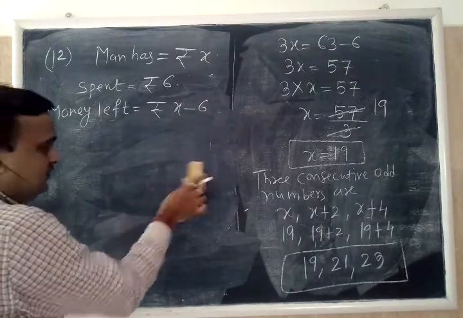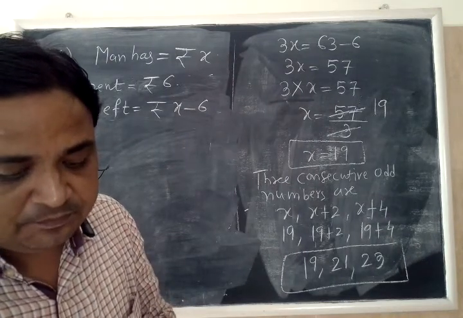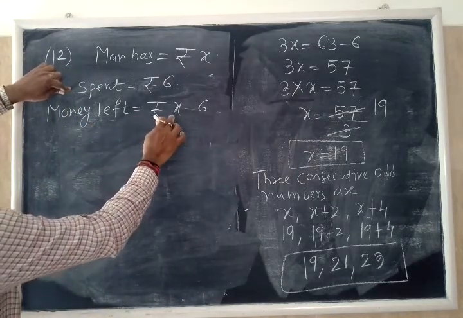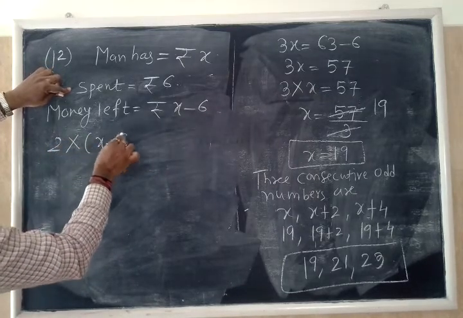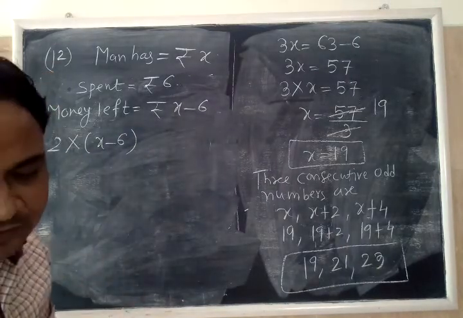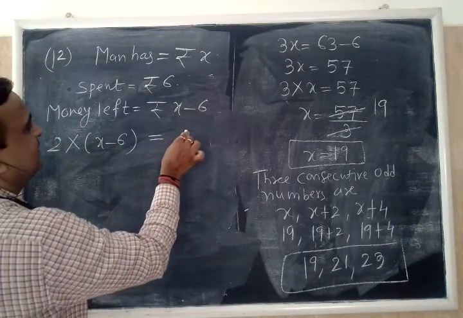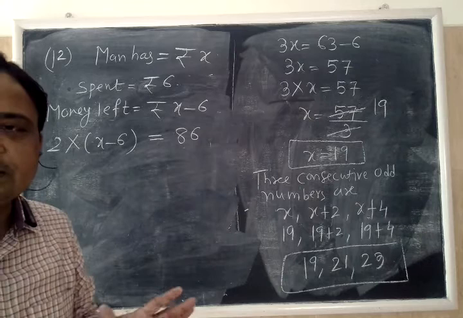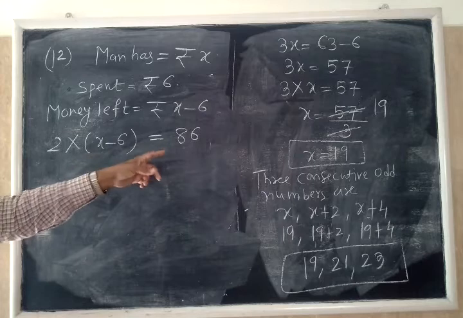Now what is given in the question? Twice of the money left with him. How much money is left with him? X minus 6. So twice of the money, so 2 into X minus 6.